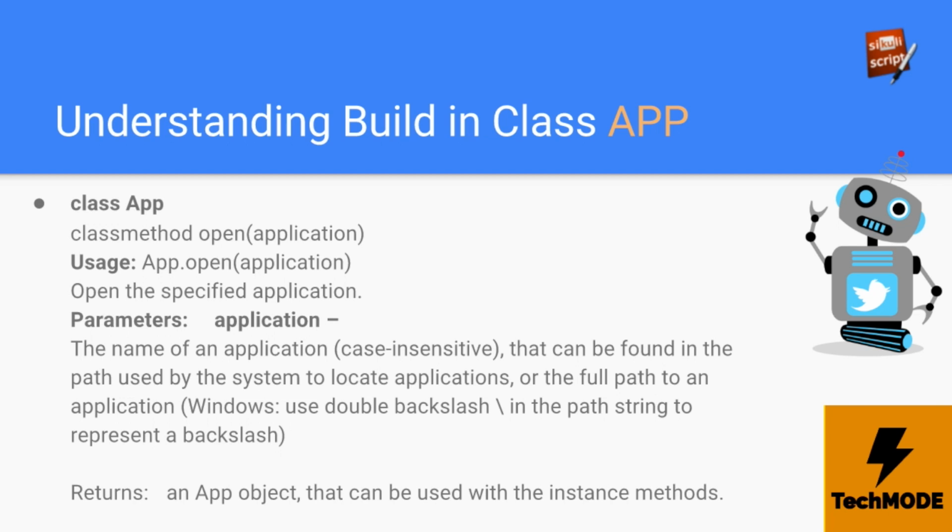The application name can be Notepad if you're on Windows, or if you're on Mac, you can open Safari, Firefox, and most applications are supported. So very simple to use. It basically returns an app object, and when we import our Sikuli library, this class is automatically imported into our project. So let's move on to the second one.